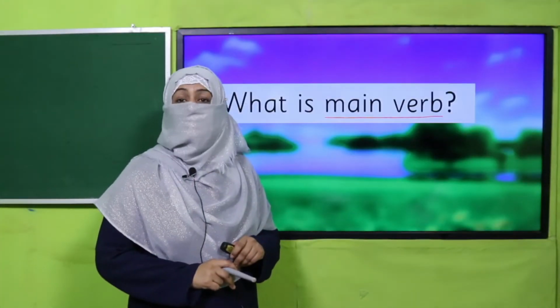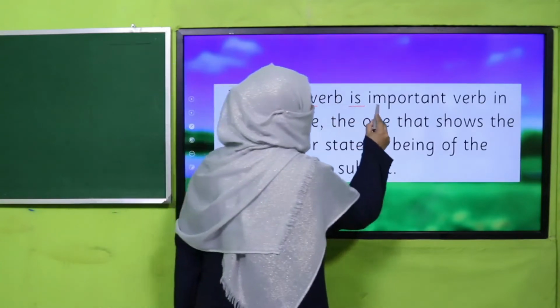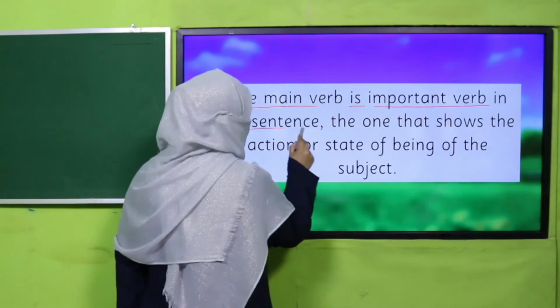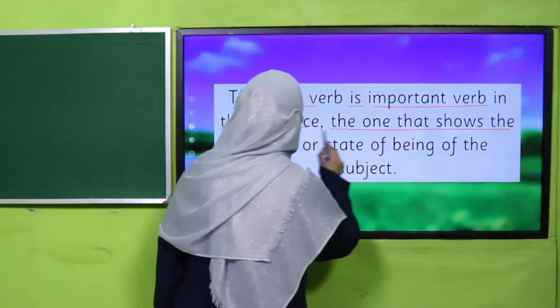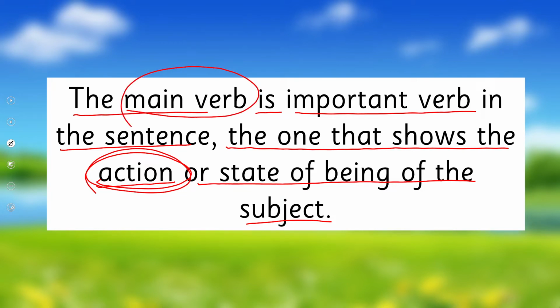Yes, my dear students, what is a main verb? Basically, the main verb is the important verb in the sentence, the one that shows the action or state of being of the subject. Basically, the action word in a sentence is the main verb, and without this main verb, we cannot make any sentence.